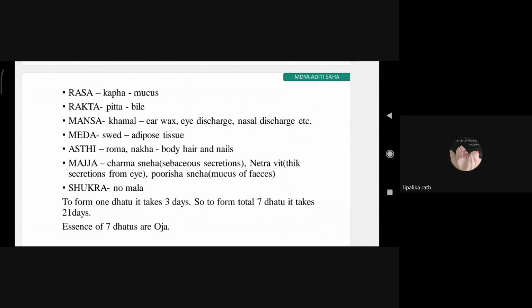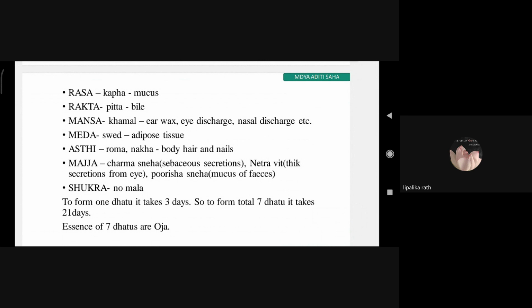Or sometimes we see excess bile in our stomach. Excess bile makes you feel chest burn, a sour taste in the mouth, or sometimes fever. That means the next dhatu is not made properly.